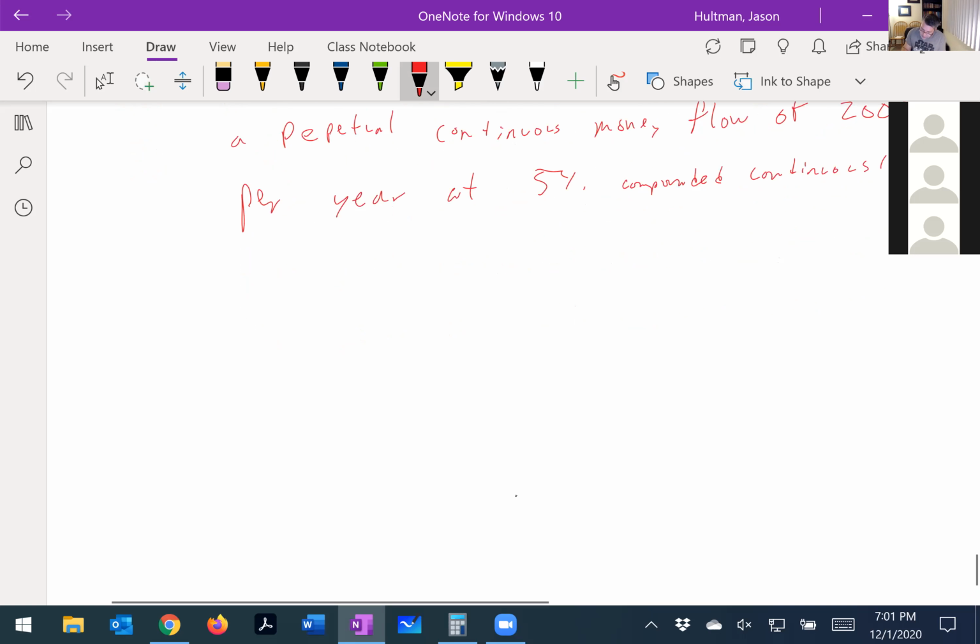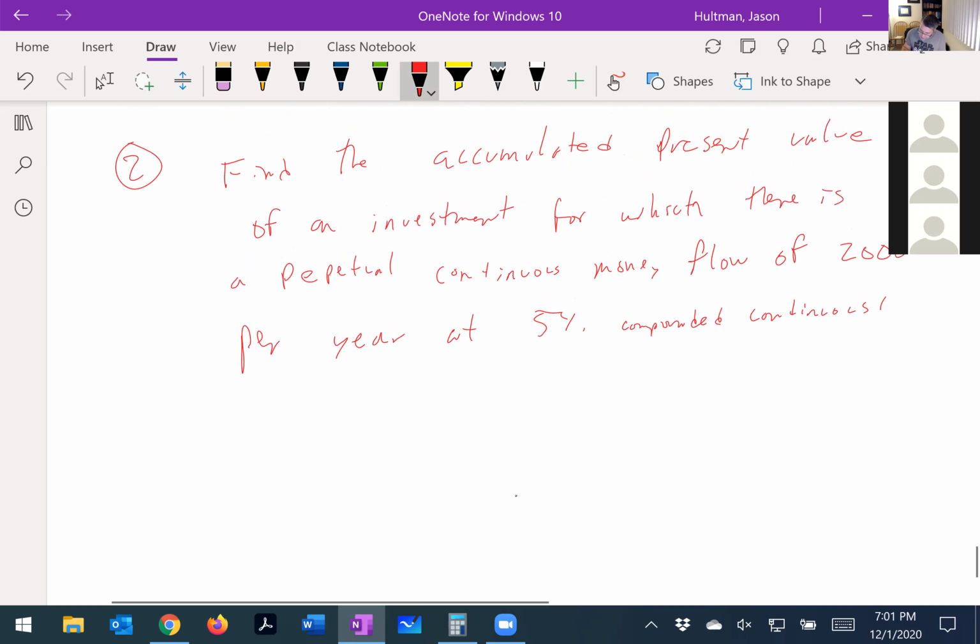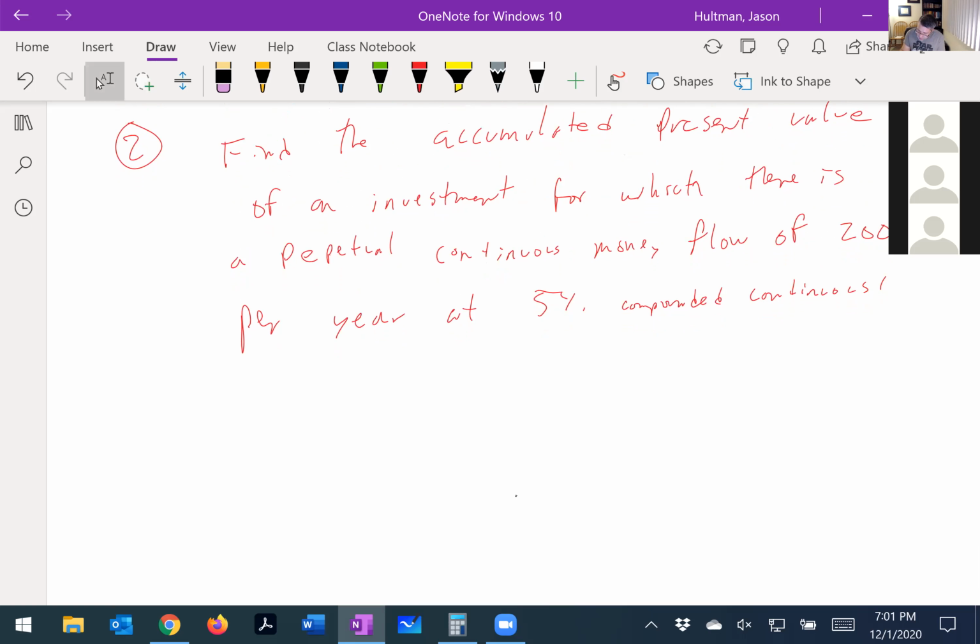So we're saying find the accumulated present value of this thing, right? How much money do we have to start with to kind of prime the pump here? Continuous money flow of 2,000.